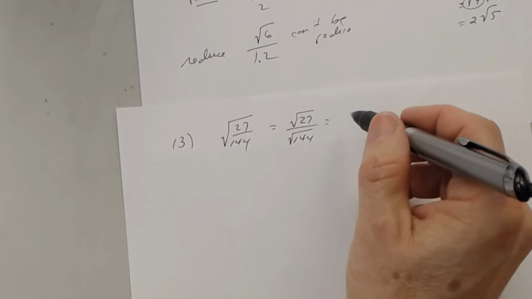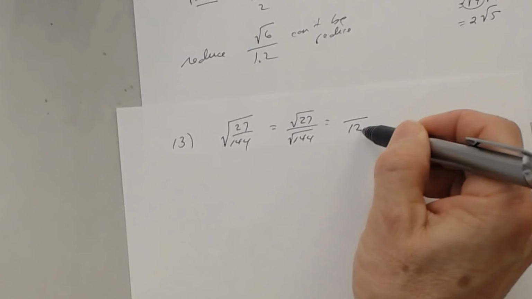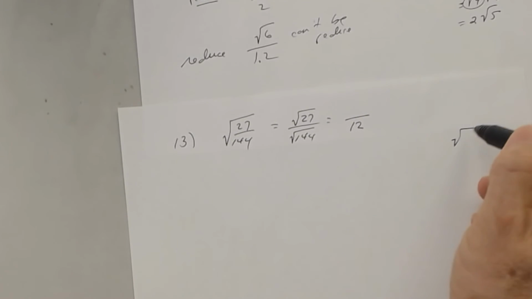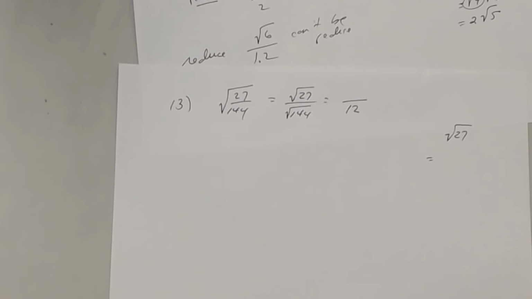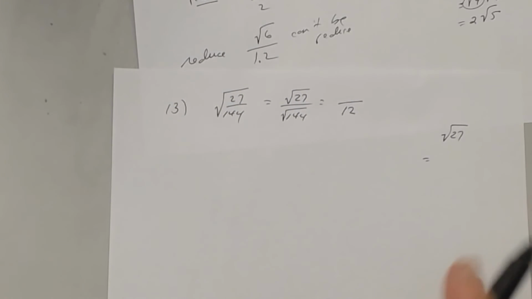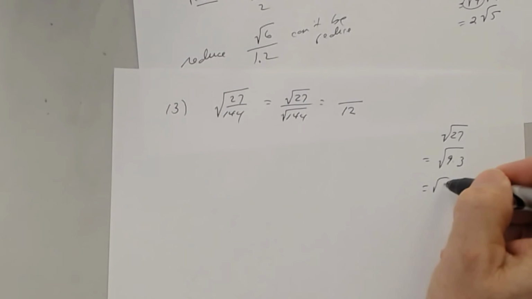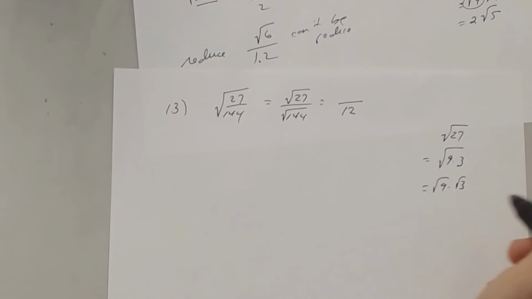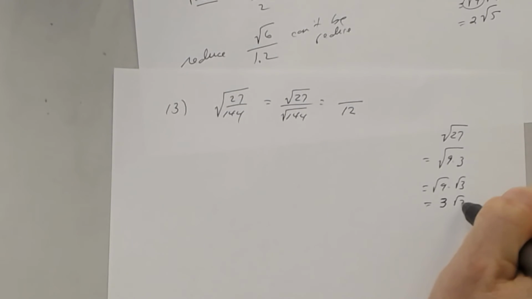Which one can I deal with right away? The square root of 144, which is 12. Let's go off to the side and look at the square root of 27. Is there a perfect square other than one that would go into 27? 9. So that's the square root of 9 times 3, which is the square root of 9 times the square root of 3. And the square root of 9 is 3. So you get 3 square root of 3.